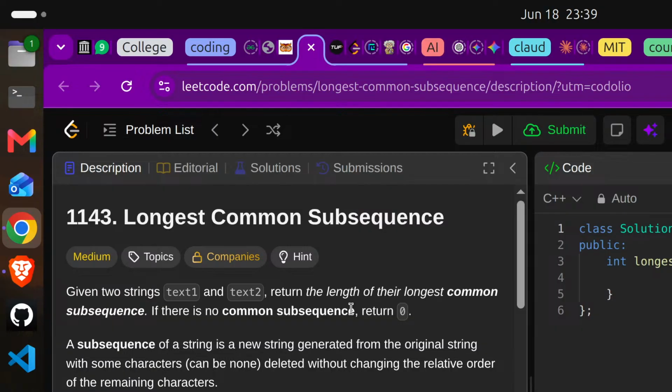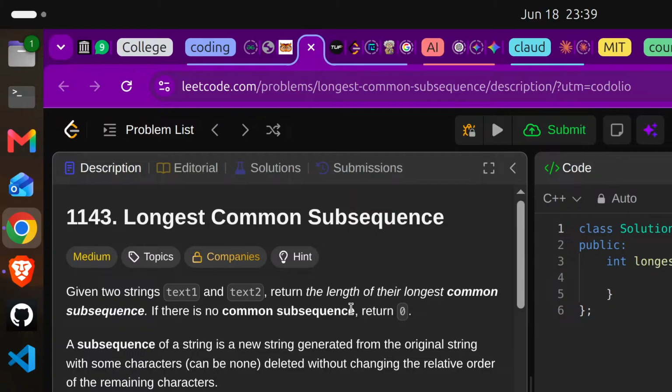But if it is not the case, so what do we do? Else return f of S1, S2, i plus 1, j, comma f of S1, S2, i, j plus 1.